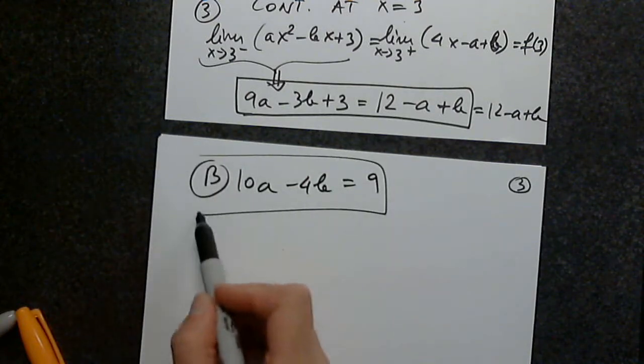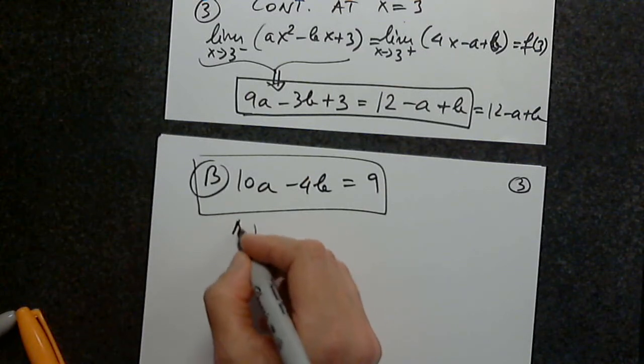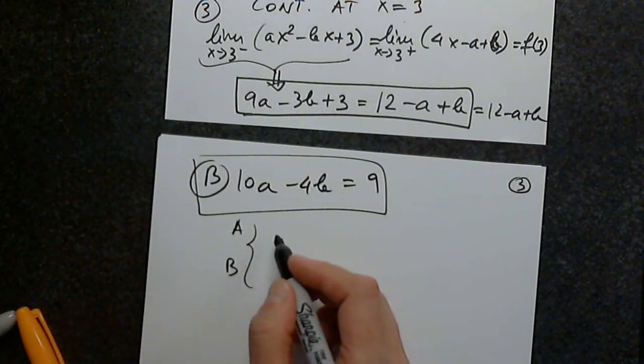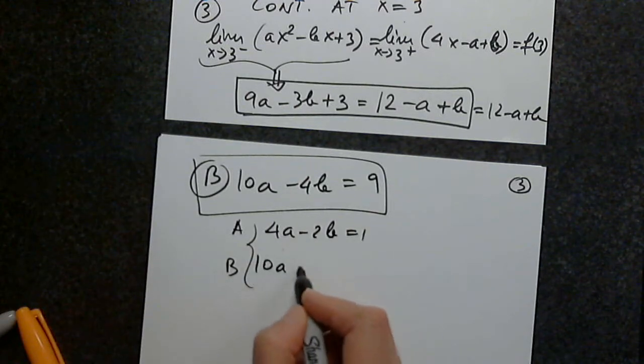This is equation B. So now I create a system with equation A and equation B: 4a minus 2b equals 1 and 10a minus 4b equals 9.